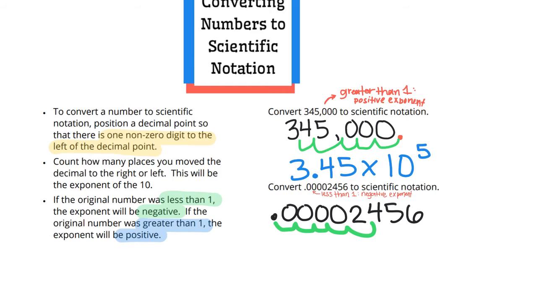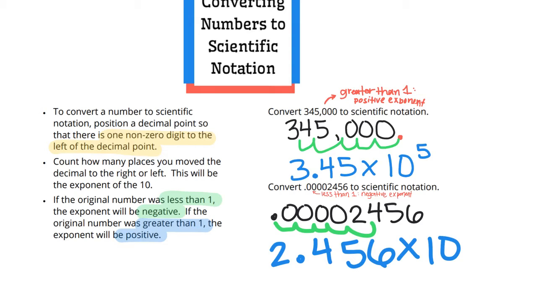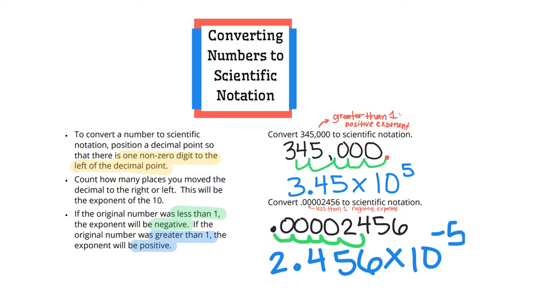I can use this to write my number in scientific notation. 2.456 times 10 to the power of negative 5. And I know it's going to be a negative exponent because my number was less than 1. This signifies that the exponent must be negative.